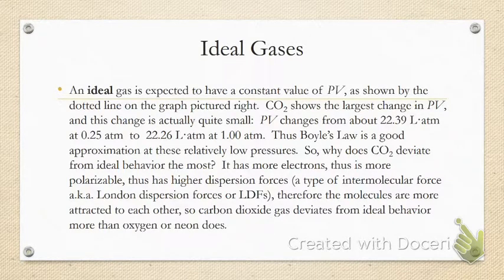This is talking about our PV changes from atmosphere to atmosphere, so you can see that they are good at relatively low pressures, and the reason that CO2 deviates the most from ideal behavior is it has more electrons. This is going to become more important when we get to our bonding unit, and I will talk about this extensively, but the larger the molecule is, the more electrons it has.